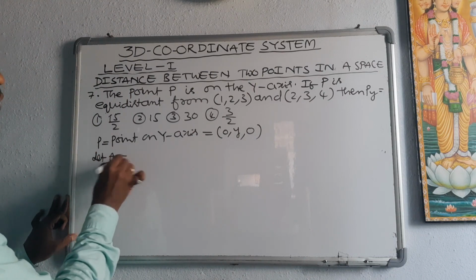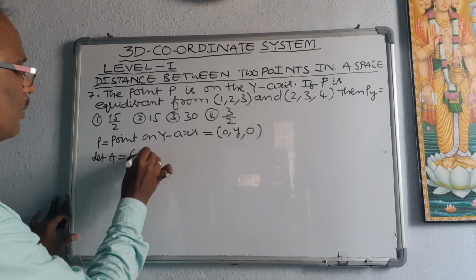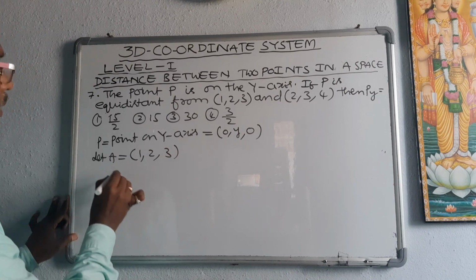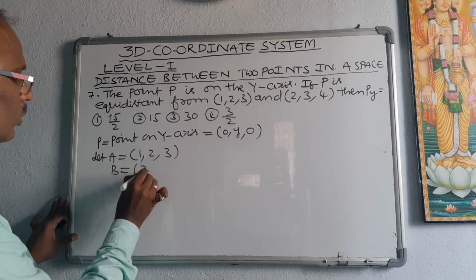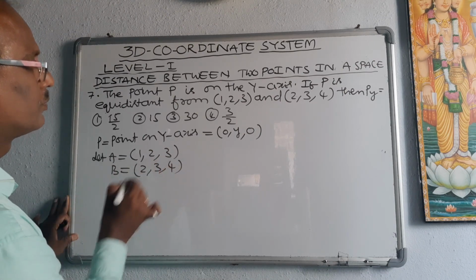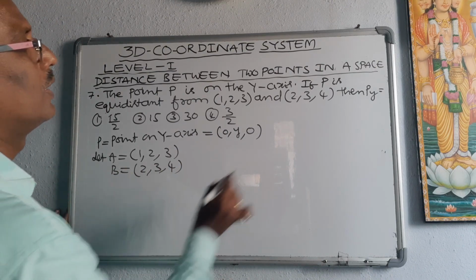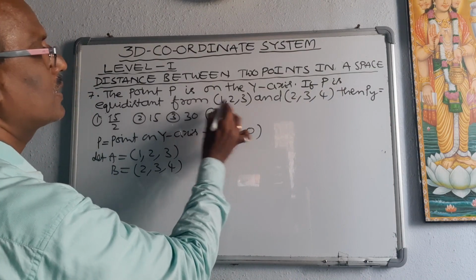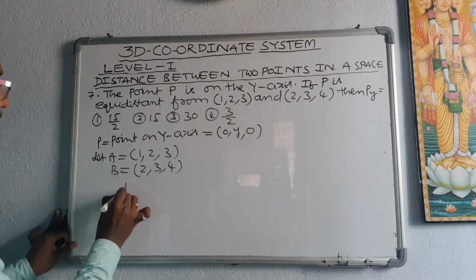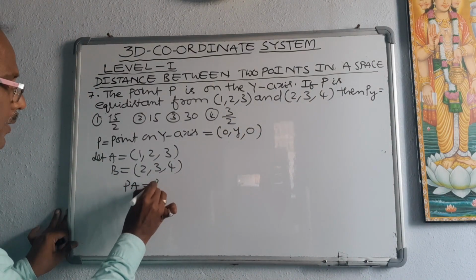Let A equal to 1 comma 2 comma 3, B equal to 2 comma 3 comma 4. Here given condition P is equidistant from first and second point. PA equal to PB.